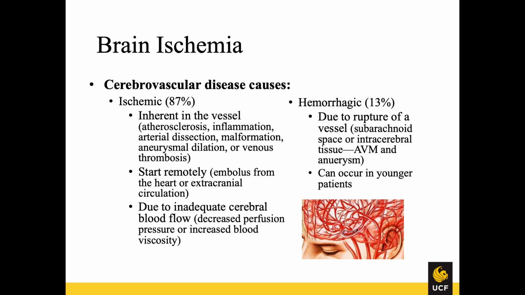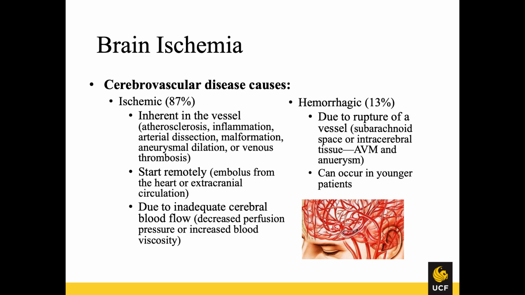The inflammation that can be related to that; dissection, which can be caused by significant weakening of the vessel over a long period of time, usually as a result of uncontrolled hypertension; malformation like AVMs, for example, which we're going to talk about a little on the hemorrhagic side as well; aneurysmal dilation; or venous thromboses. They usually start remotely, or I should say they don't usually, but they can start remotely, and in that case, it becomes an embolism.